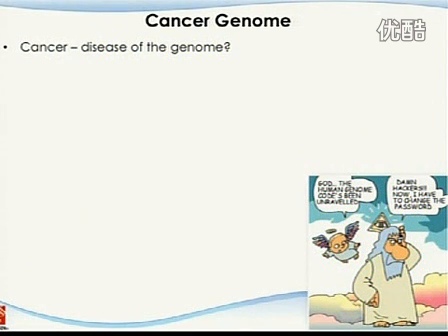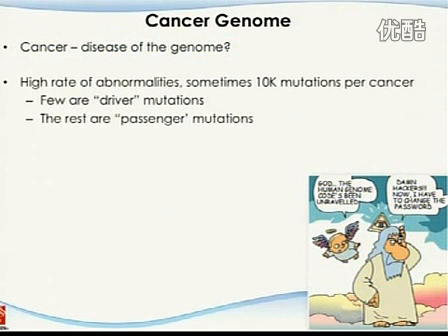And actually, cancers are pretty smart. They can generate novel mutations, novel variants. You think you found the markers, but that's not the marker, and they can make rapid changes. So there's a high rate of abnormalities, sometimes 10K mutations per cancer.